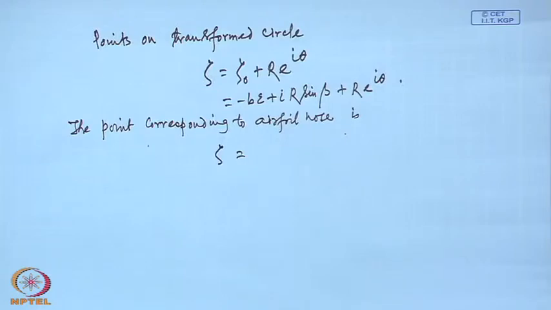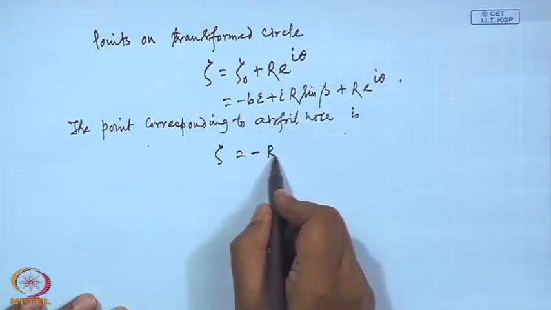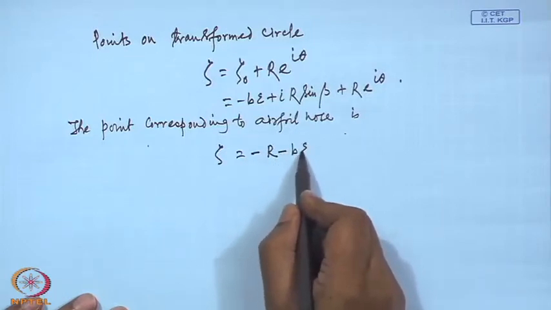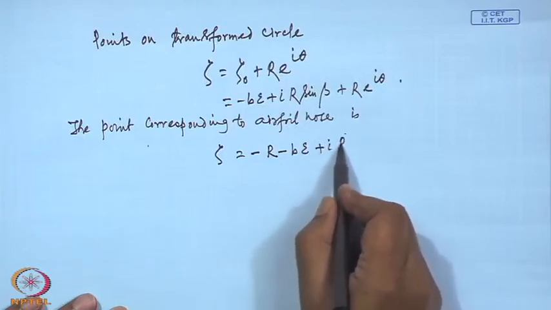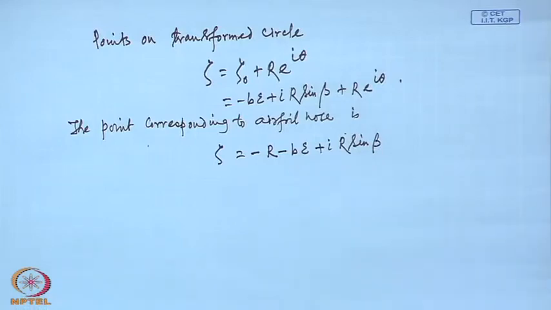Theta is pi. E to the power I pi, how much is that? Minus 1. So, it becomes minus r, or also you can express in terms of b.